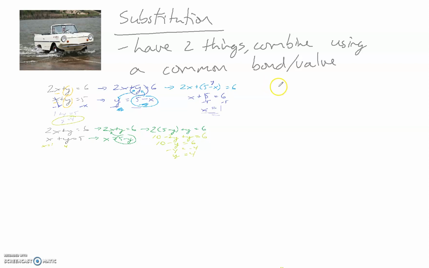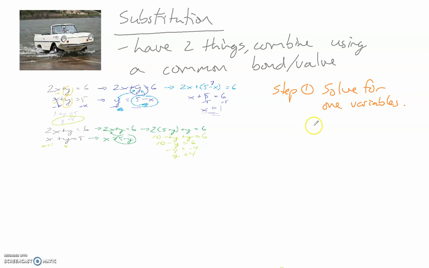Usually, for step 1, what you'll typically do is you will solve for one of the variables. The first time we solved for y, the second time we solved for x.